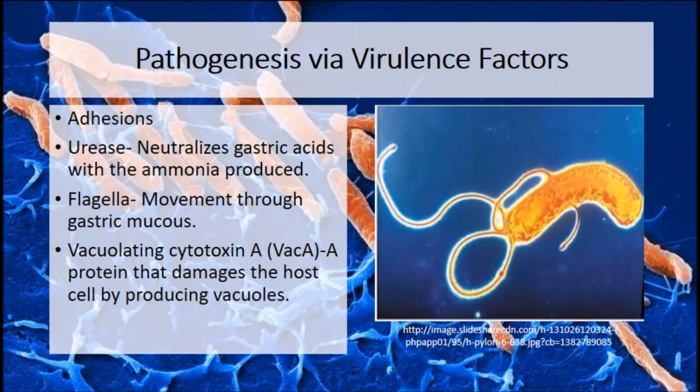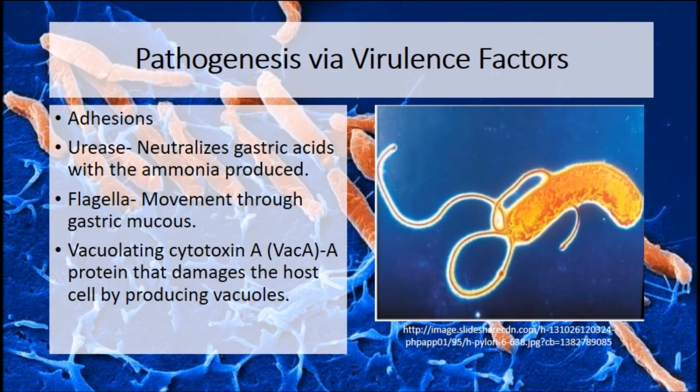Next is going to be the pathogenesis via virulence factors. H. pylori is, I would say, limited in its virulence factors, but I do have the major ones listed here. Number one would be the adhesins. The adhesins would be how the bacteria adhere to the cells in the stomach, in this case the epithelial cells. It also produces urease, which neutralizes gastric acids, with ammonia produced as the byproduct.